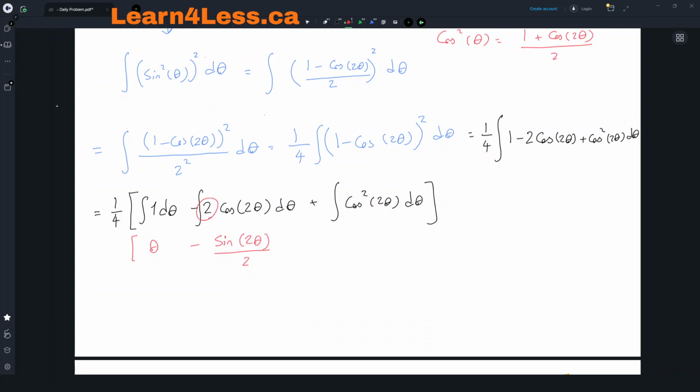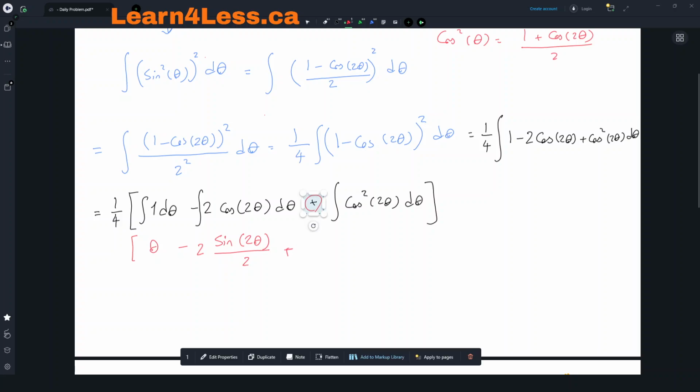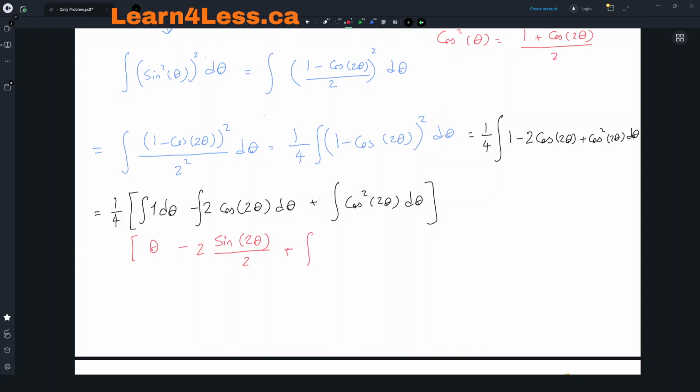Don't forget that we have a 2 at the front, so we keep it here. Minus 2 times sine of 2 theta over 2, and plus the last integral, the integral of cosine squared of 2 theta d theta.